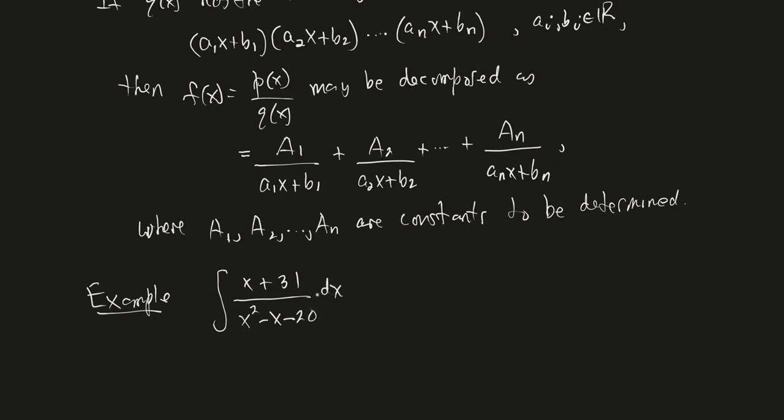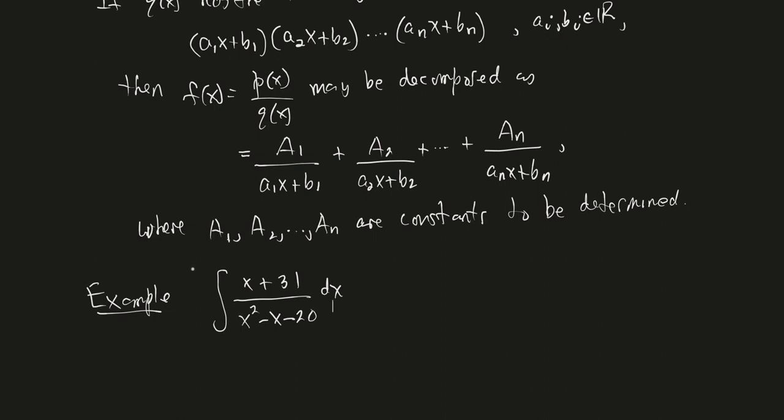Again, when we think of all the techniques that we've looked at up to this point, at a quick glance it doesn't look like any other technique will really work. If we try to use u-substitution with our denominator, that doesn't really work because we don't have the 31 here. And no other technique really appears to work.